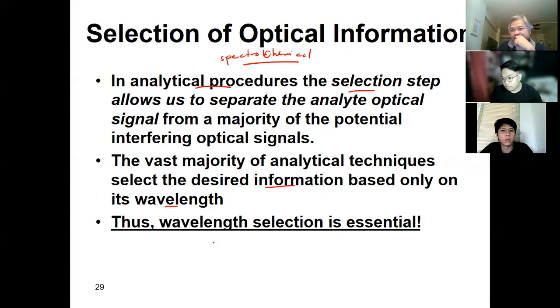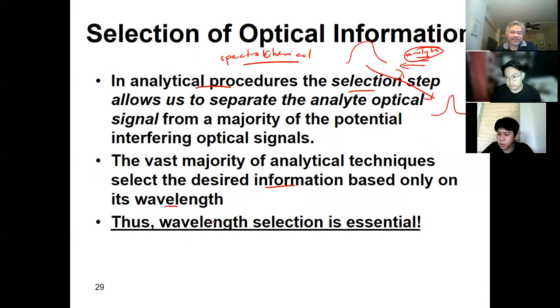If you have a sample and you're looking for a certain analyte, your main goal is at least to find the wavelength. When you pass it through a wavelength, it will just give you the signal coming from your analyte.